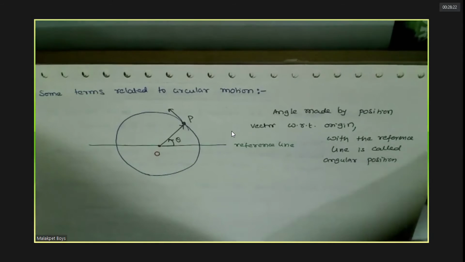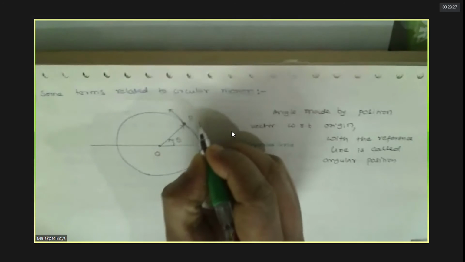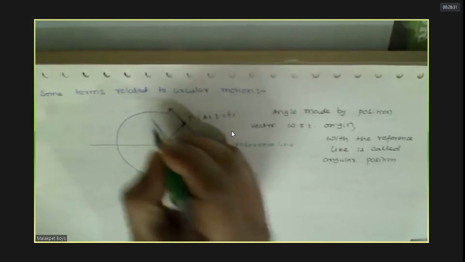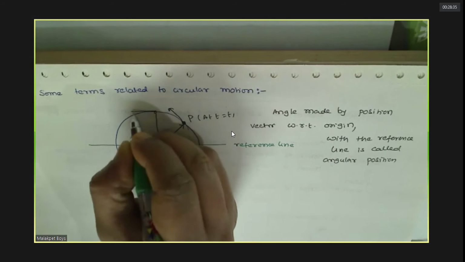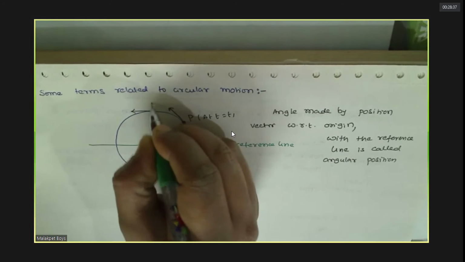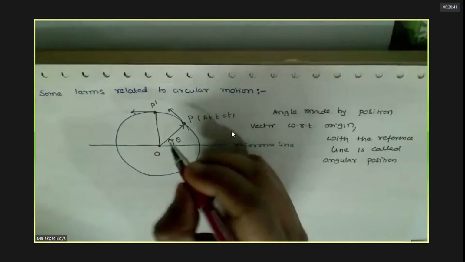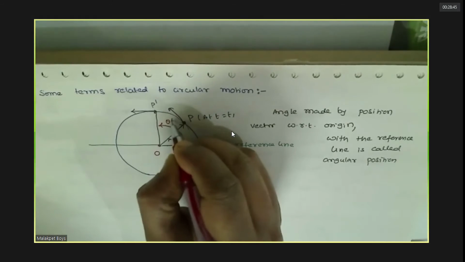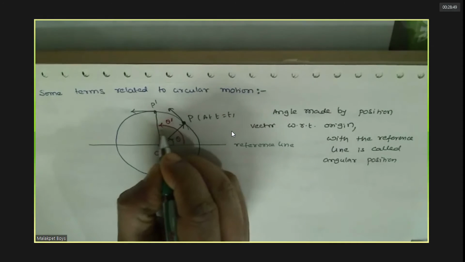Suppose this particle is at t equals t1. Again this particle comes over here. Again this is speed. This is p dash. Now you can see that this is the angular position now, theta dash. Now what is the angle between these two?